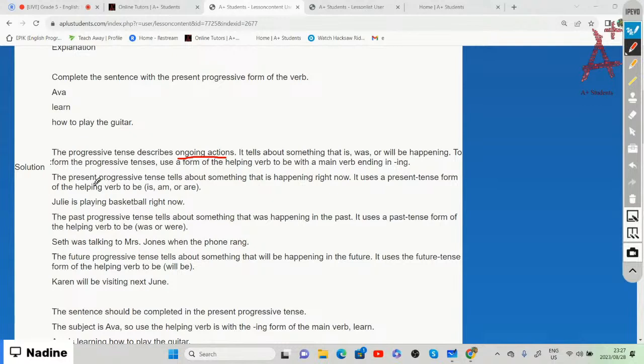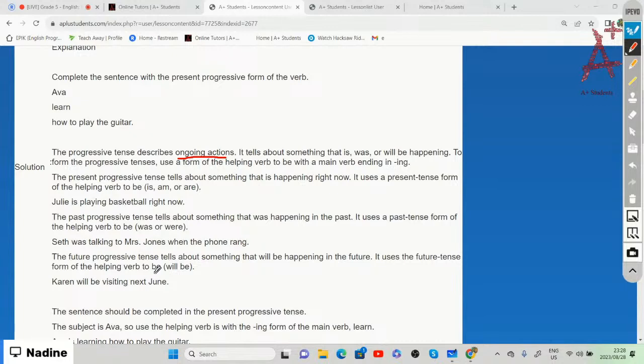So the present progressive tense, right? We see that it tells us about something that is happening right now in the present, at this very moment that you are doing something. And it uses a present tense form of the helping verb, which is to be. So we can say is, am, or are.